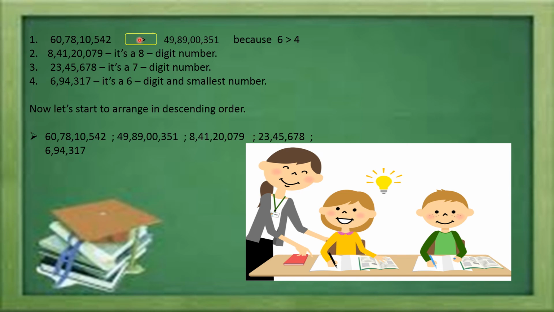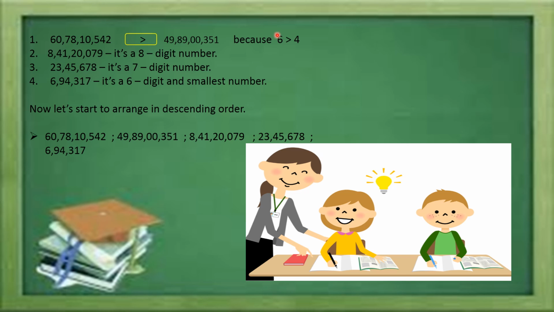In these two figures, we can see that in the very first position, 6 is at the first position here and 4 is at the first position there, and that is the 10 crore position, right? So at the 10 crore position, both numbers are different. Let us compare those two numbers. After comparing, we come to know that 6 is greater than 4.